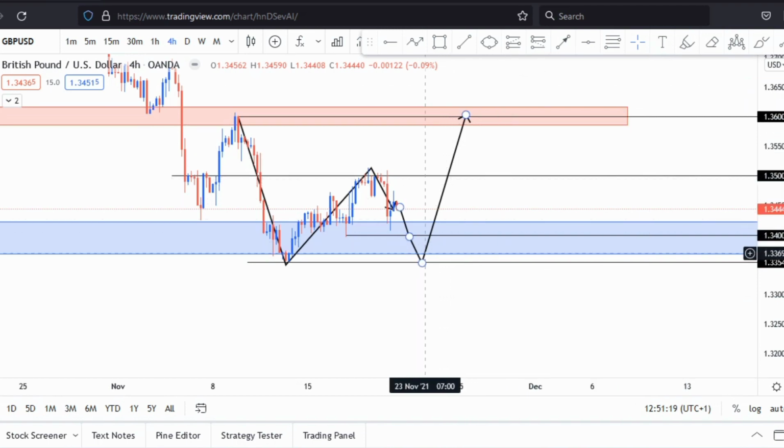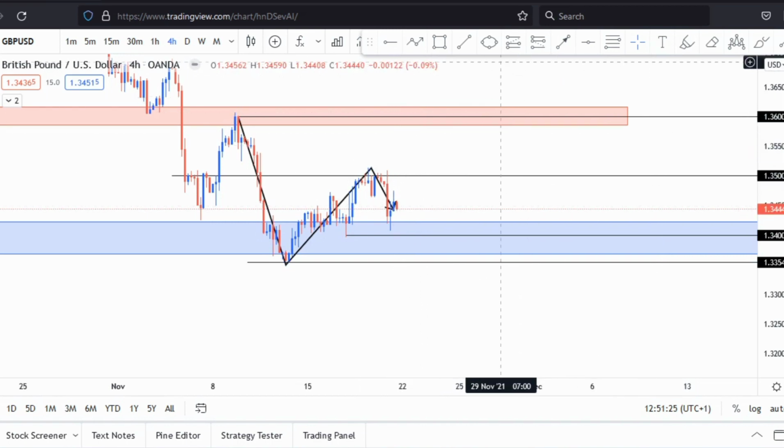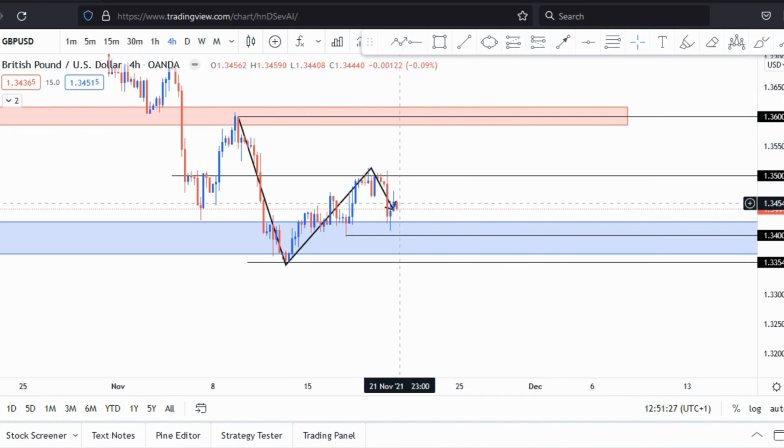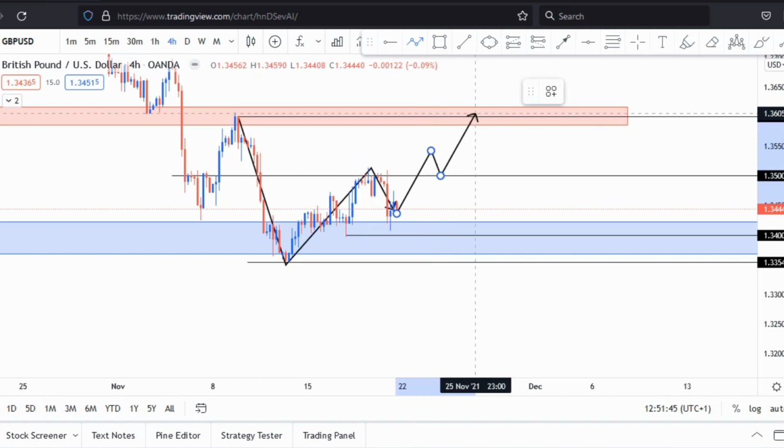On the other hand, if this doesn't happen, and price by chance continues to the upside, then I'll be looking for a break of this 1.35 level. And if that happens, hopefully a retest of it, and to take my buy trade from the 1.35 level if price gives us a bullish reversal pattern all the way to this next psychological level, which is the 1.36 level that price has tested previously, which is the daily resistance, as you can see here.